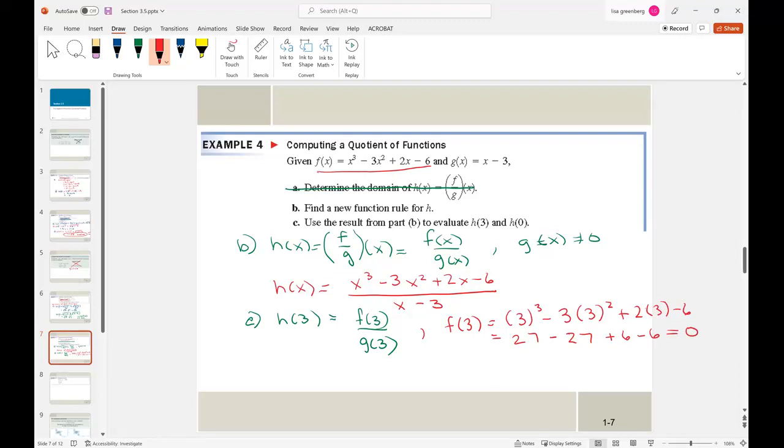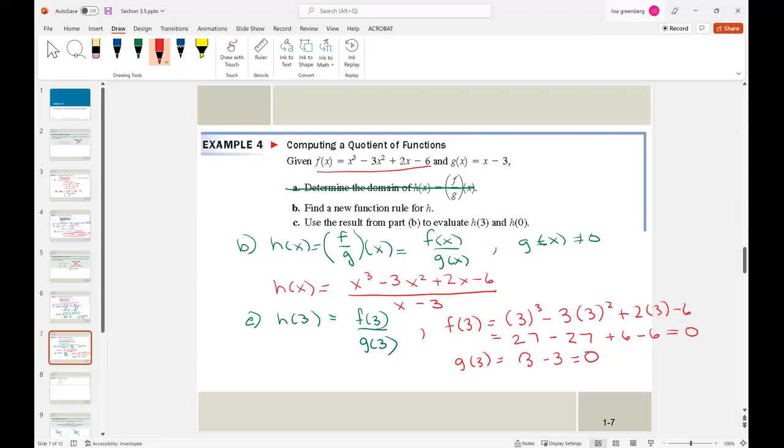So now we know f of 3 equals 0, and g of 3 is equal to 0 as well, right? Because it's 3 minus 3, which equals 0.